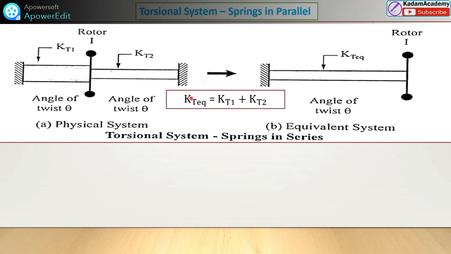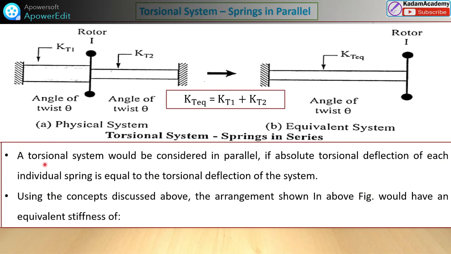This formula we have already studied. The equivalent system is represented here, a single rod with the rotor and the KT equivalent. Similar to springs in series or springs in parallel, this comes under parallel, like the torsional system in parallel. So KT1 plus KT2, and we can find the equivalent torque. Hence, the torsional system is considered in parallel.